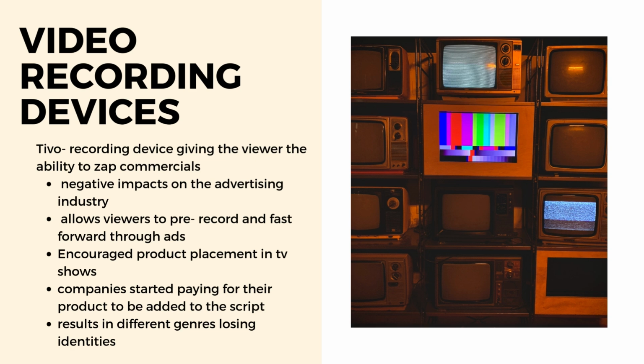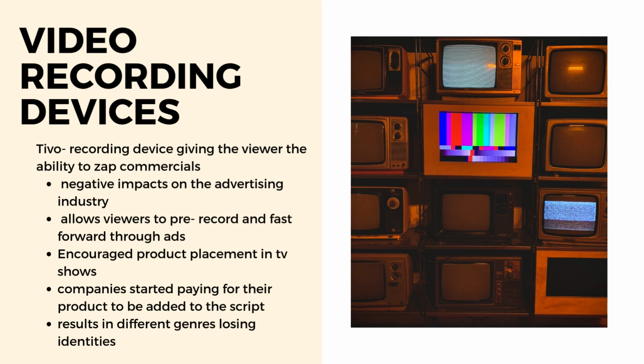Now, because of this, TV shows are more likely to have product placement within them, meaning products are going to be shown during the television show. For instance, an example of this would be in E.T., he talks about Reese's Pieces, I'm pretty sure. I don't know, but there are examples of this in TV shows. Any sort of product just being placed casually, being used by the characters, is a good example of this.